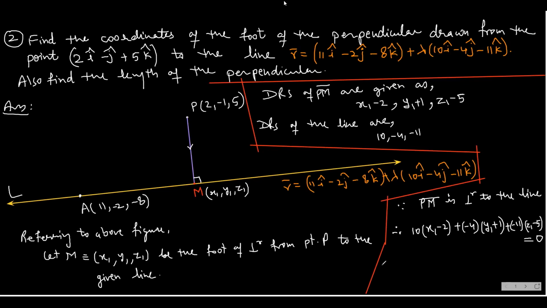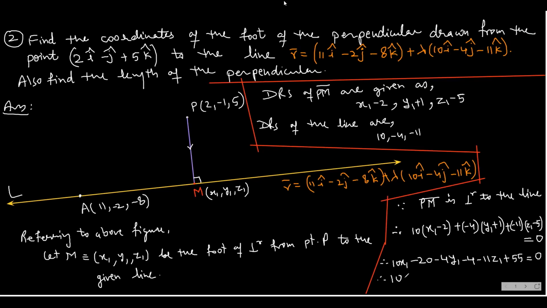This whole thing will be equal to 0. So you will get 10x1 minus 20 minus 4y1 minus 4 minus 11z1 plus 55 equals 0.